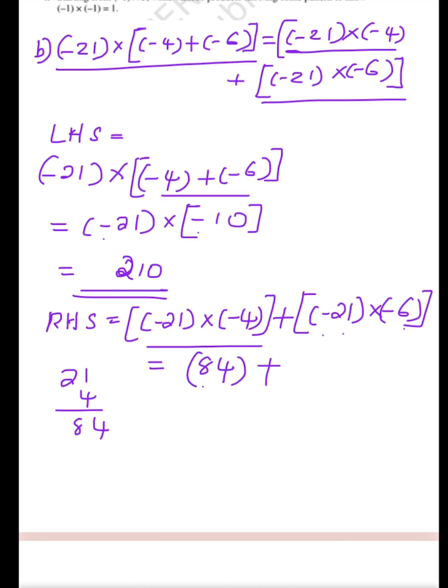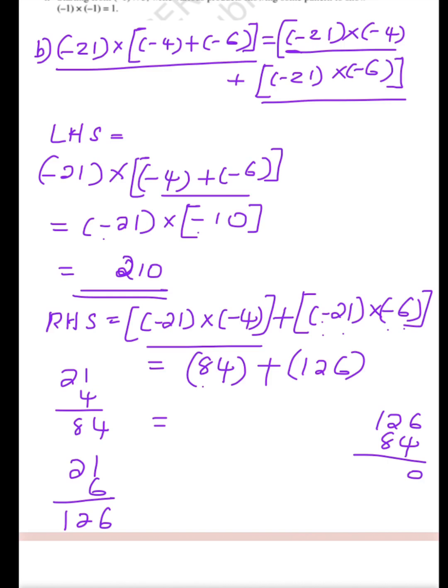Here 21 into 6. So let's do it. 21 into 6. 6, 12. So 126. Here also minus into minus plus. So only 126. Okay. Now what is there? 84 plus 126. Let's add it. 126 plus 84. What is that? 10, 11, 210. Okay, 210.